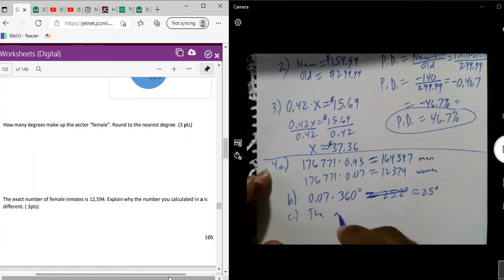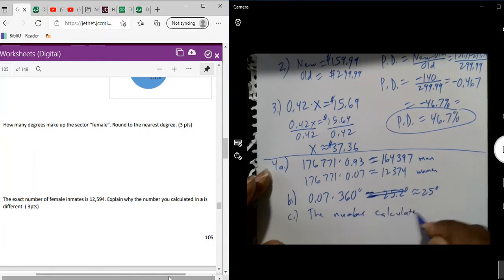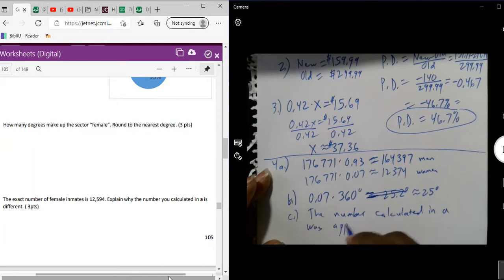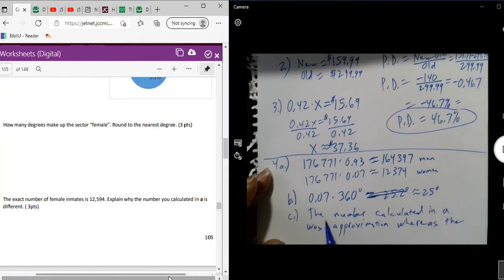The number calculated in A was an approximation, whereas the 12,594 women in federal prison is exact.